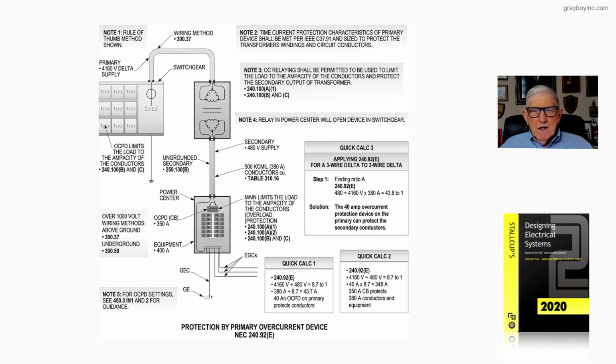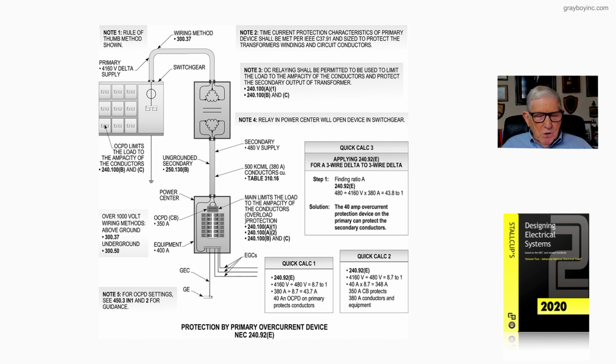That's what we're showing in this figure: the protection by primary overcurrent device in accordance with 240.92(E). And you could see we would have enough fault current, because we've already done that in an illustration to show you, so we pretty well know we can trip that primary overcurrent device.